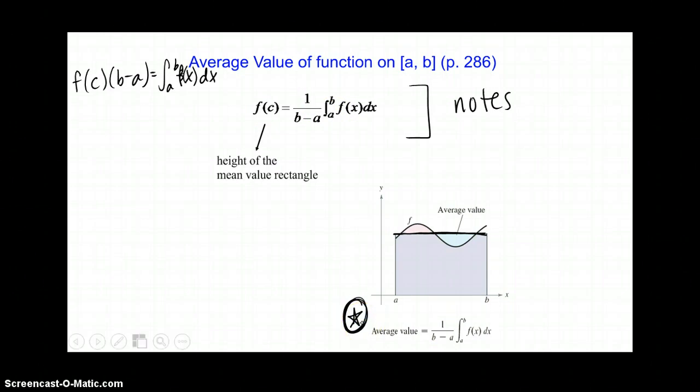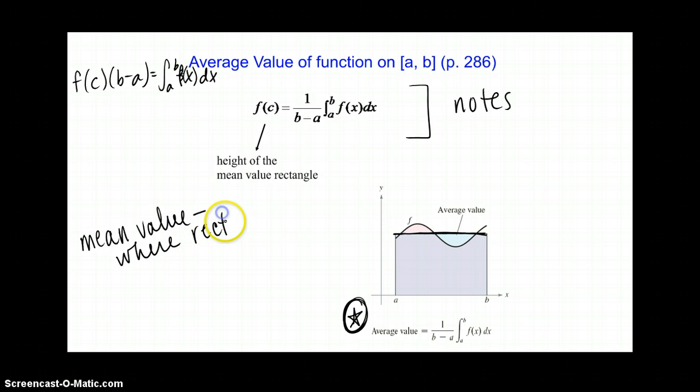And we'll talk about it more in class, but the mean value theorem is where the rectangle intersects the given function.